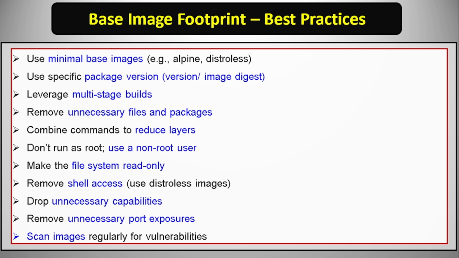Make the file system read-only. It prevents modification to critical directories like /etc. Remove shell access. Use a distroless image or delete /bin/sh to reduce the attack surface. And finally, use tools like Trivy to identify and fix vulnerabilities.